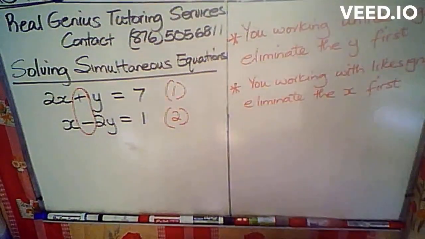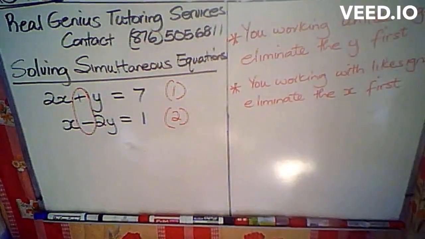So that's the general rule. You eliminate the x first if you're dealing with like signs. If you're dealing with unlike signs, you eliminate the y first.